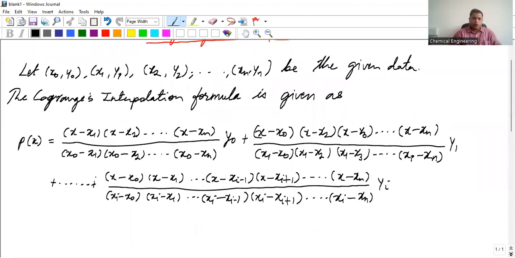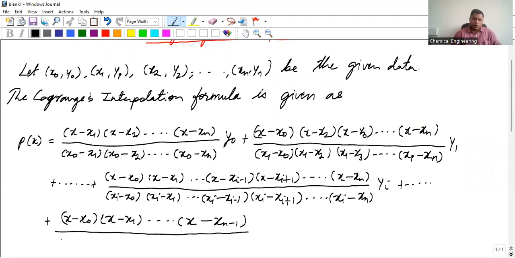The last term is x minus x0, x minus x1, and so on up to x minus x(n minus 1), upon xn minus x0, xn minus x1, and so on up to xn minus x(n minus 1), and here yn.